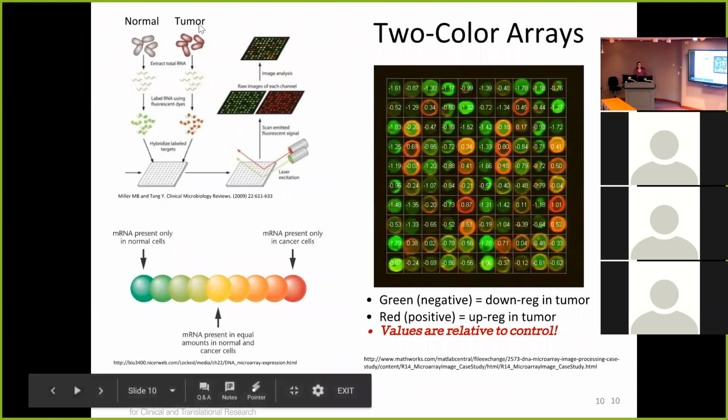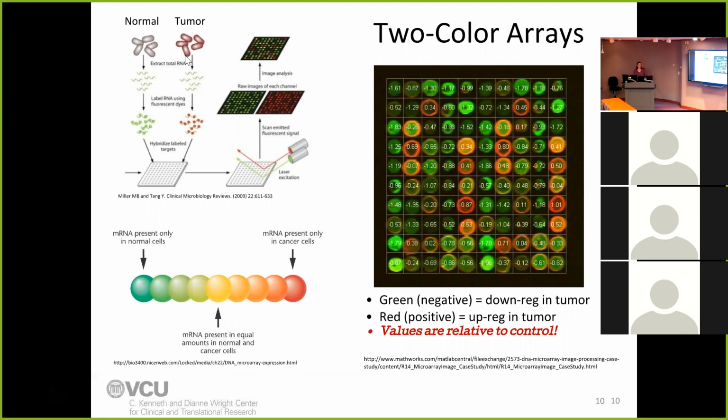Okay, so here's just a little workflow for microarrays with a cancer example. You have your normal tissue and your tumor tissue. You extract out your RNA, and then you label these with fluorescent dyes. Your normal in this example is green. Your cancer sample is labeled red, and then you hybridize it to your array.